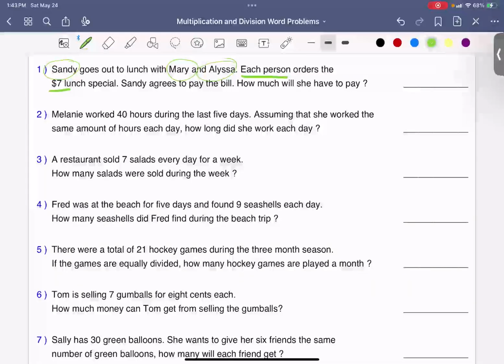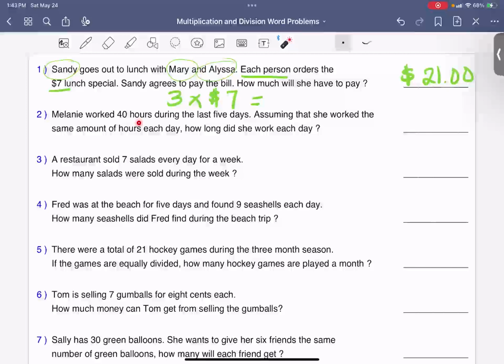So three people are eating, and Sandy agrees to pay. So how much will she have to pay? There are three people, and each person has to pay $7. So it's going to be 3 times $7, which is equal to $21.